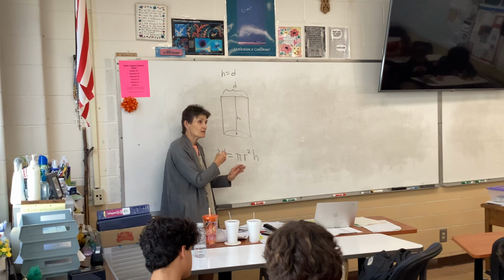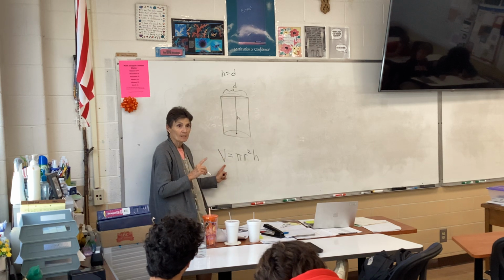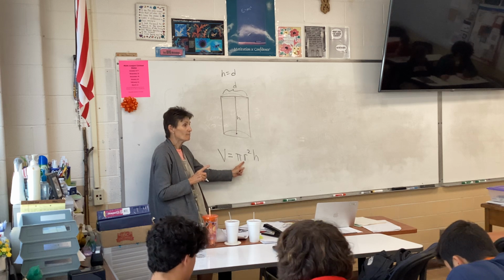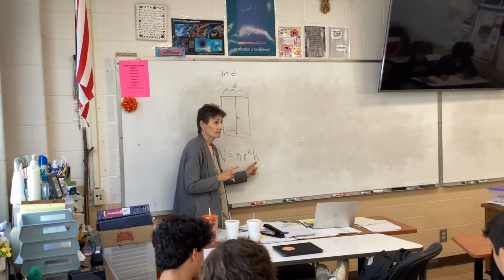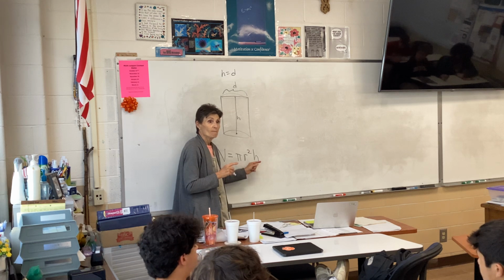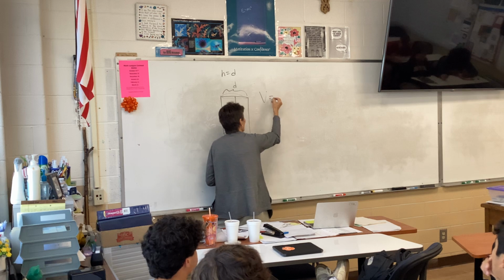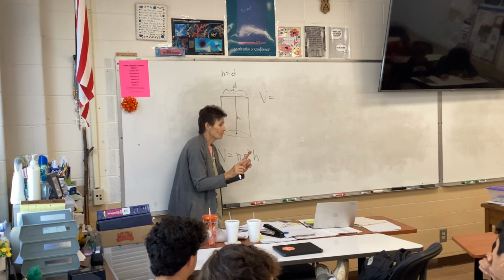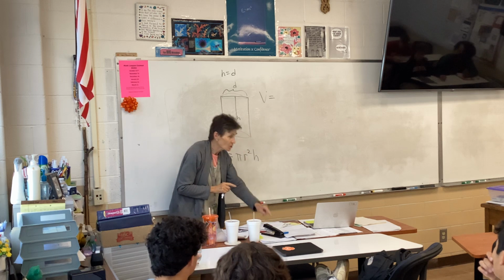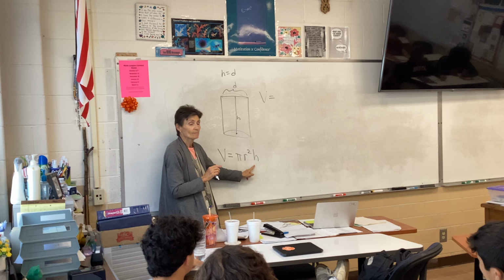And that equation gives me the volume, but in terms of radius and height. My question says, write me an equation for the volume, but it can only have r's in it. Write it as a function of the radius. That means I gotta get rid of the h.